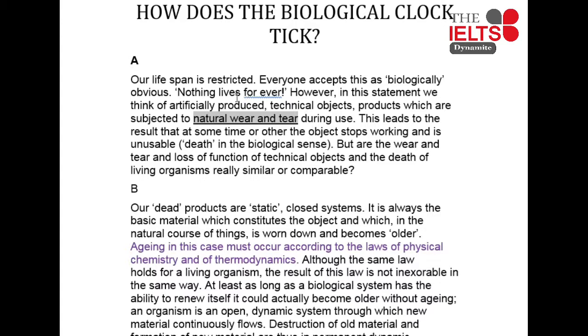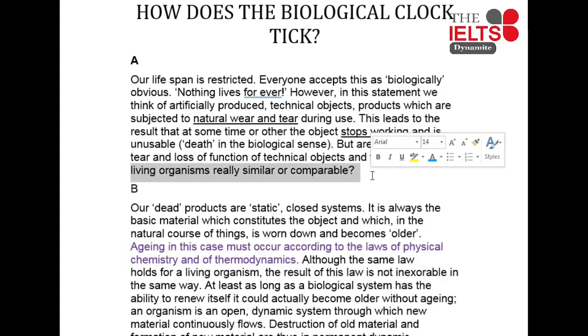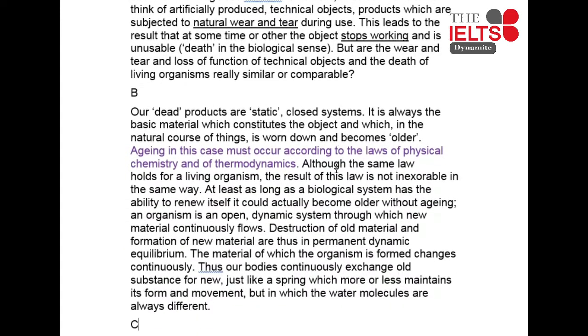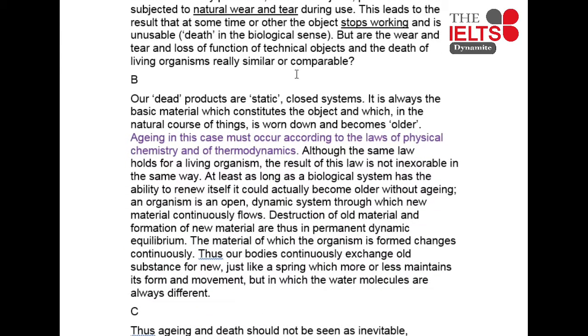So the artificial here, he's talking about the artificially produced objects. He's saying that what happens to them is they stop working, so they don't continue. Let us see whether this happens with the biological objects here.